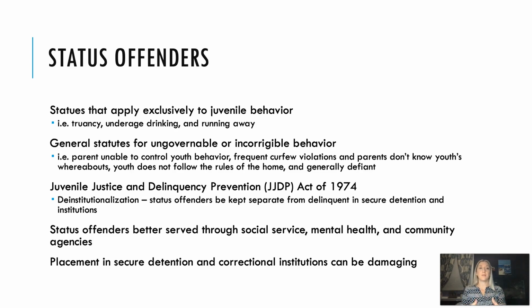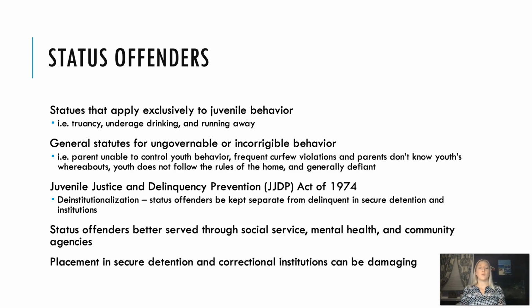So in 1974, the Juvenile Justice and Delinquency Prevention Act said, you know what, we need to deinstitutionalize these status offenders. Prior to this, these types of offenders were being housed in secure detention and institutions with juvenile delinquents.